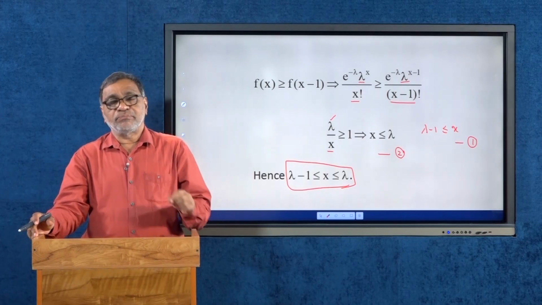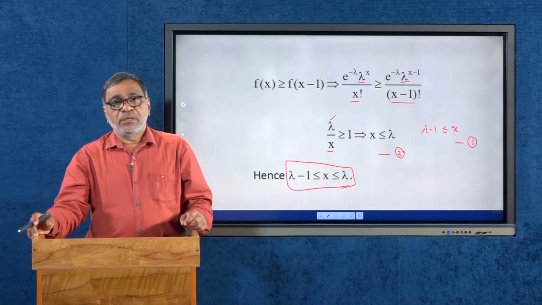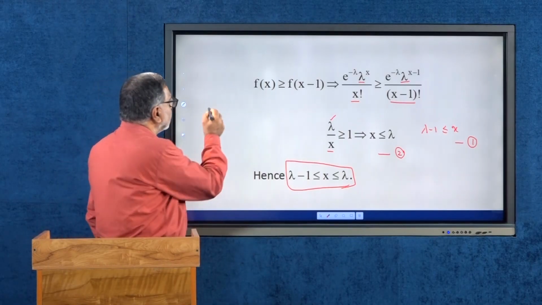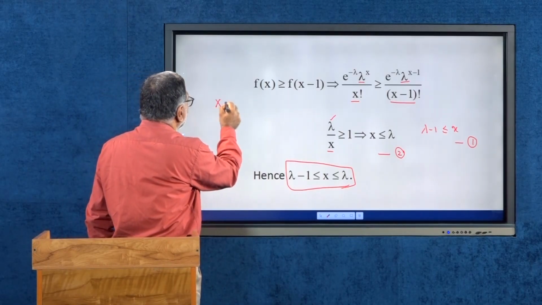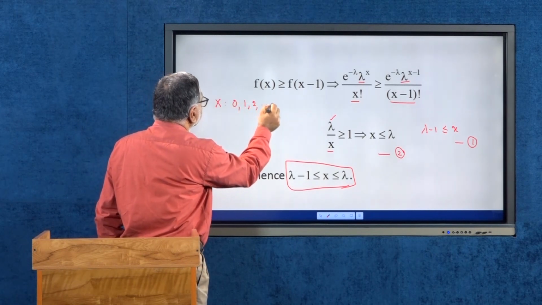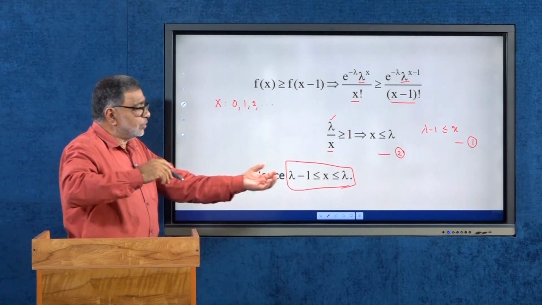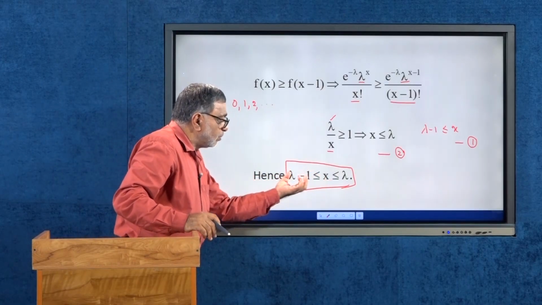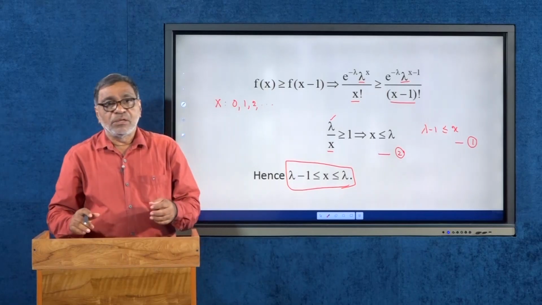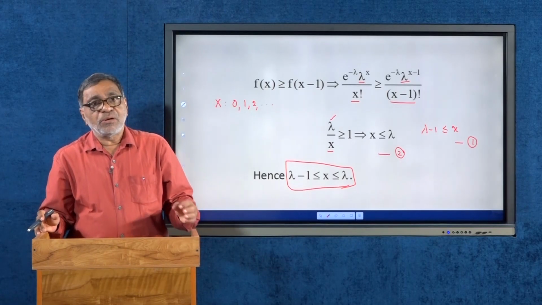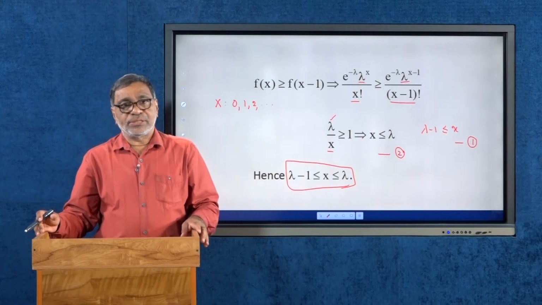Remember, x is a discrete random variable, and a Poisson random variable has values 0, 1, 2, etc. So, that means not all values of x between lambda minus 1 and lambda are admissible, only the integral values are admissible.